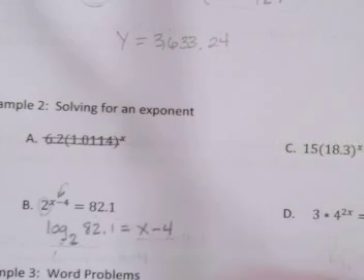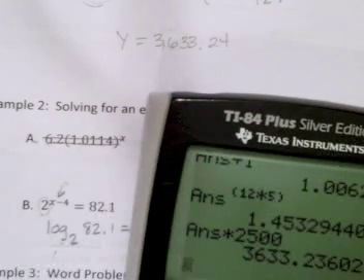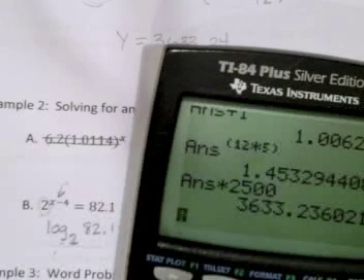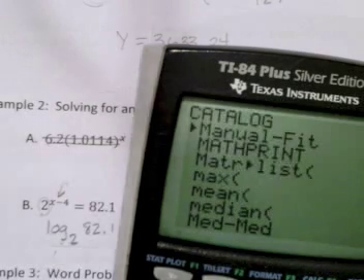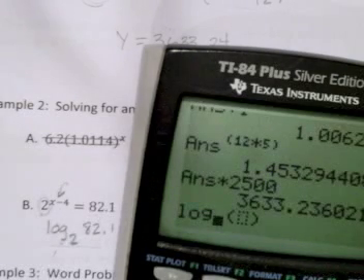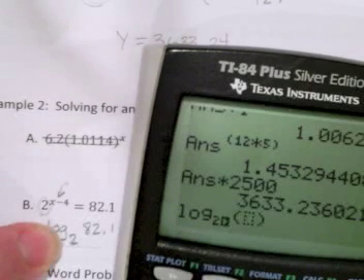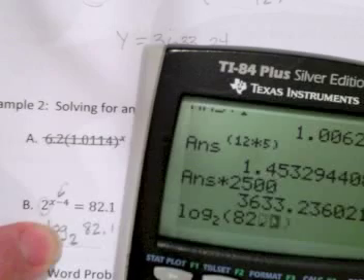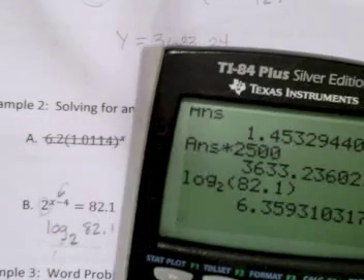If I added 4 to both sides of this equation, I would have solved for x. So let's go ahead and do that, but first I'm going to evaluate log base 2 of 82.1. So again, I'm going to go second 0, and then alpha and the divide button. And for some reason, my calculator wants me to hit that twice. And then I go back up to log base. My base is 2 right here, of 82.1, and that value is 6.359.